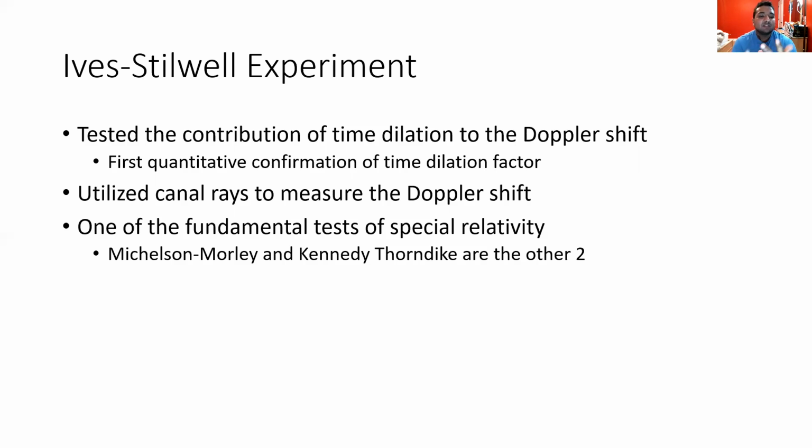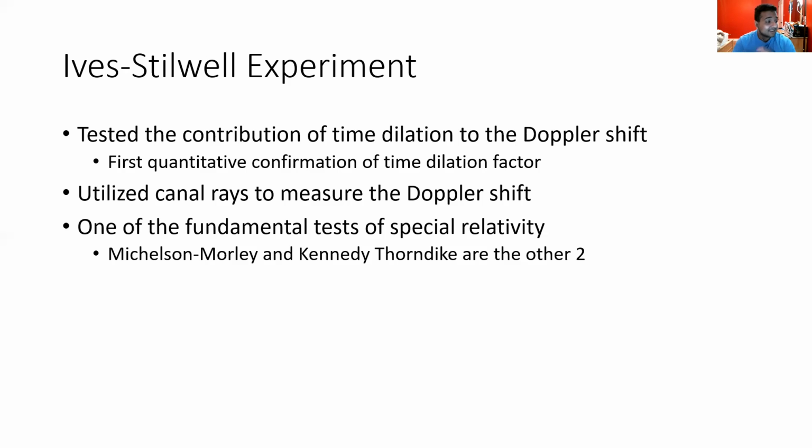Ives-Stilwell was the first quantitative confirmation of the time dilation factor in the world. The best example I can give is the International Space Station has time dilation relative to Earth. I believe it's like a nanosecond difference of how the International Space Station and people aboard it experience time relative to the rest of the world.